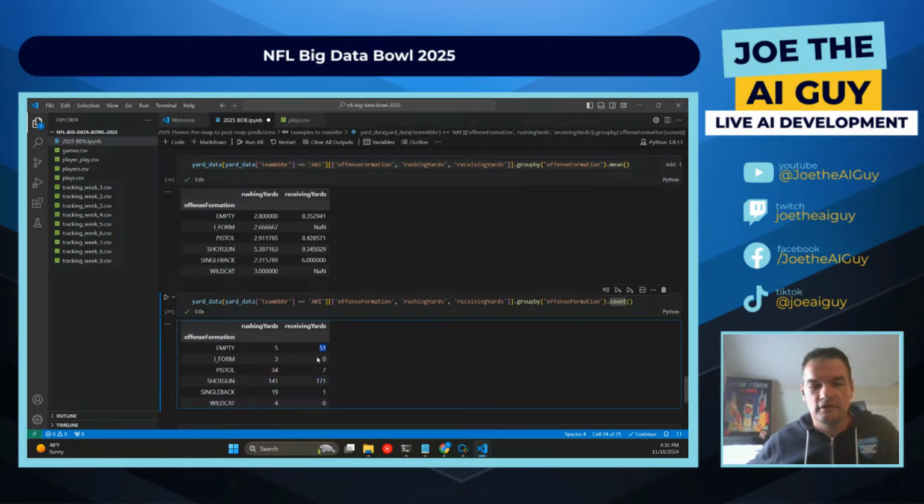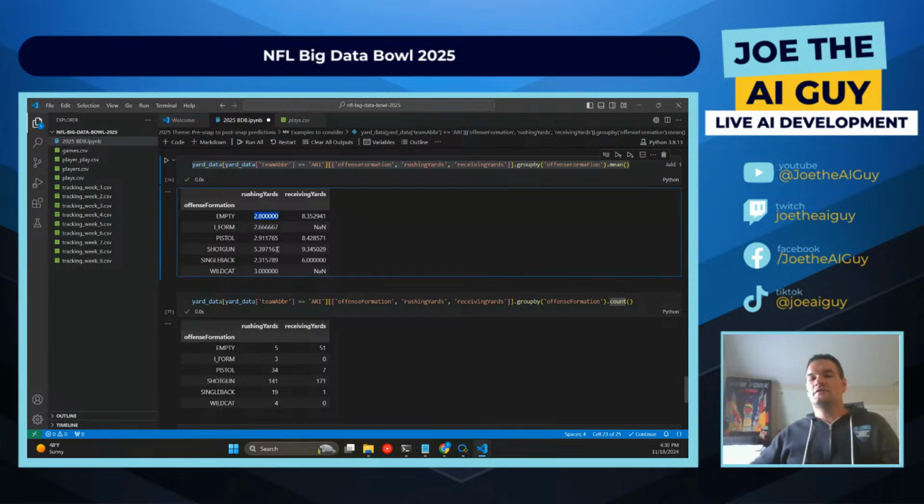We see this again as like the second most in terms of the receiving, but you lose about a yard per reception here, and then you're also giving up like 2.8 rush yards. So if I were advising here, I would advise against using the empty formation because it just seems like you're trading a far worse overall outcome here. And it would be better to stay in that shotgun.